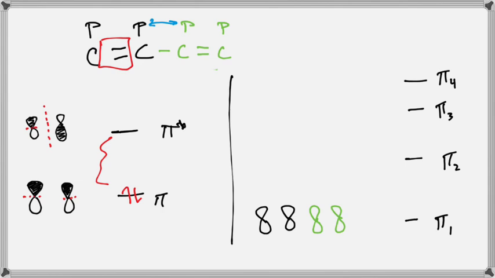We can add to this. For every bonding interaction, we have antibonding. So for that bonding 1, I also have antibonding 4. For that bonding 2, I have antibonding 3.